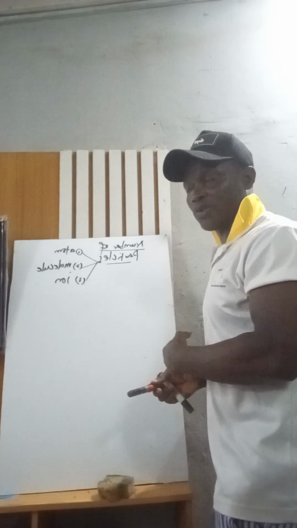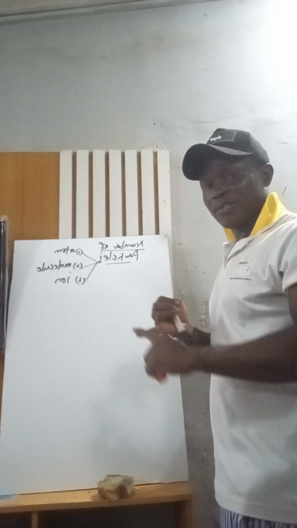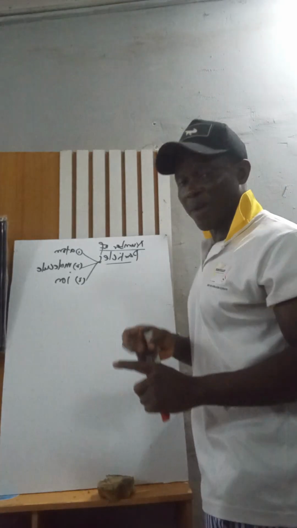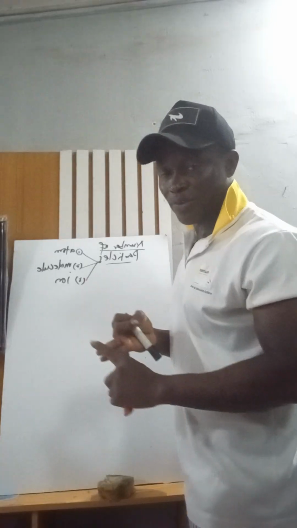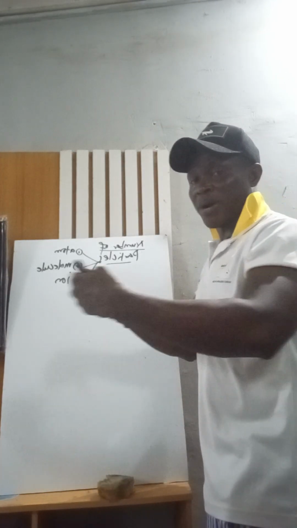How do I get to know this? Remember, there are two theories of matter. The first one is the particulate theory of matter, which states that matter is made up of particles.